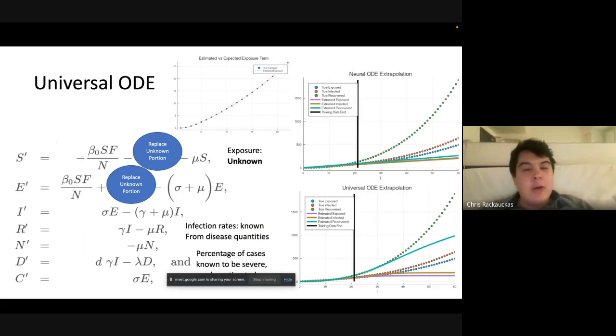You can come up with that value by looking at the hospital occupancy rates versus the expected disease rates, right? So there's a lot of information we can get, and there's quite a decent model that we can build with just outside information.